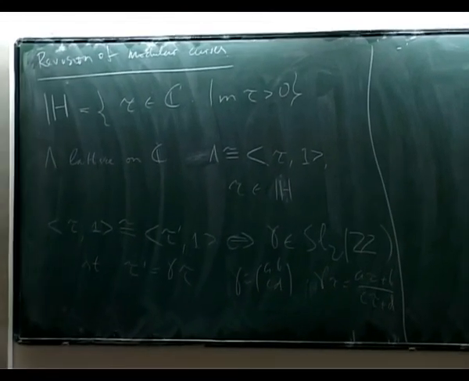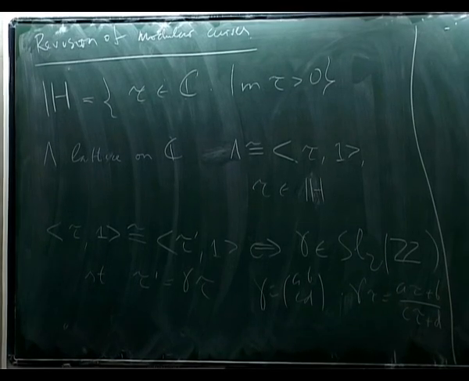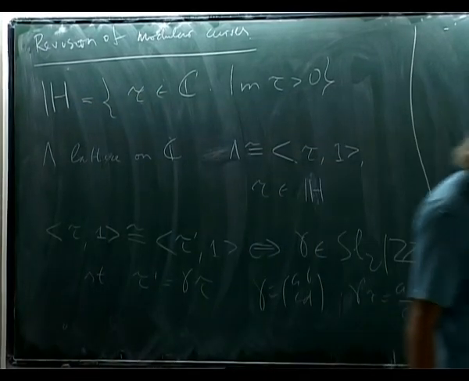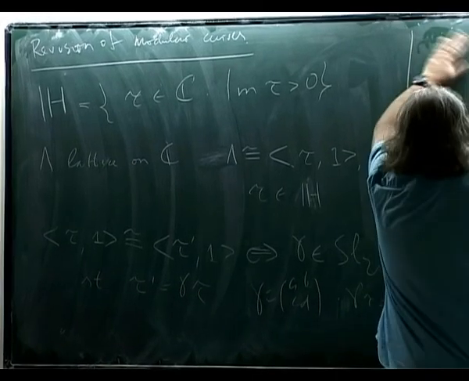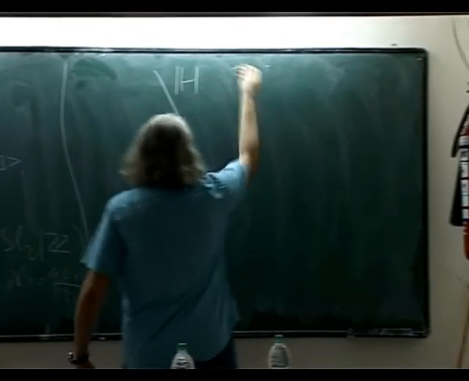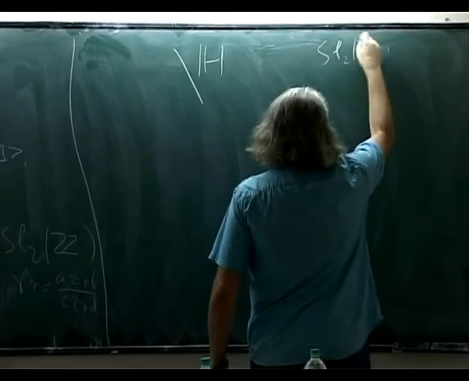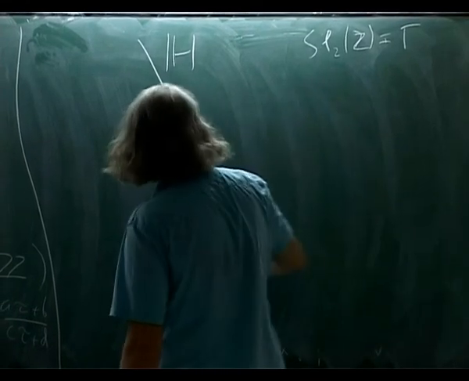And so we consider the space of isomorphism classes of lattices is just H modulo this action. We denote SL2(Z) as a group gamma of 1.